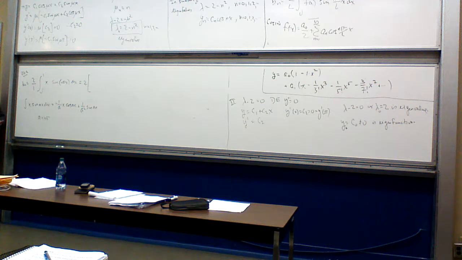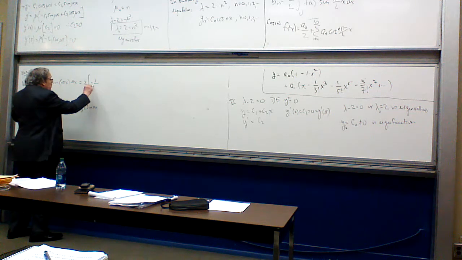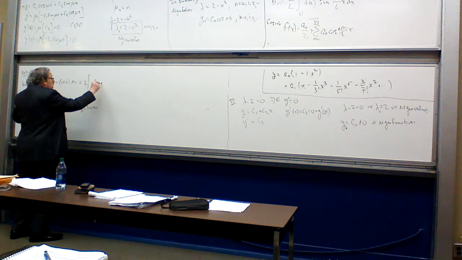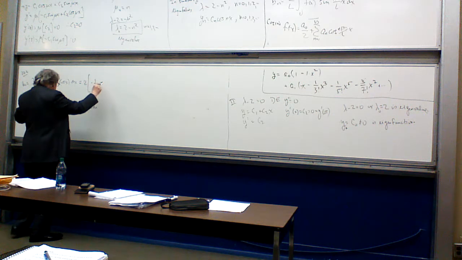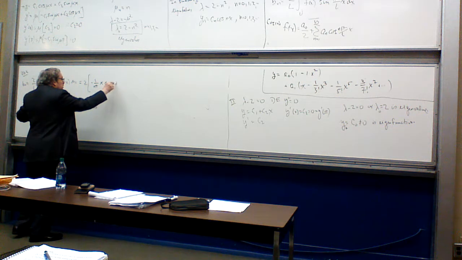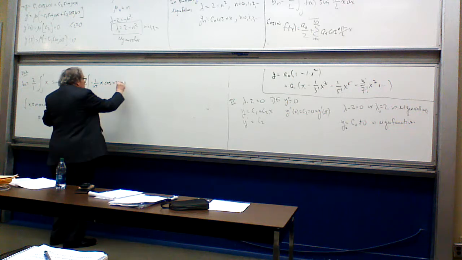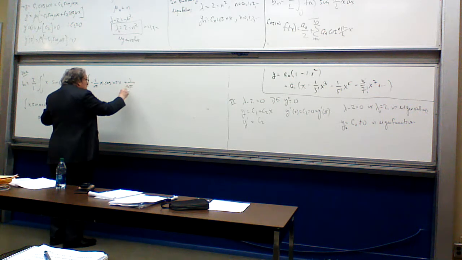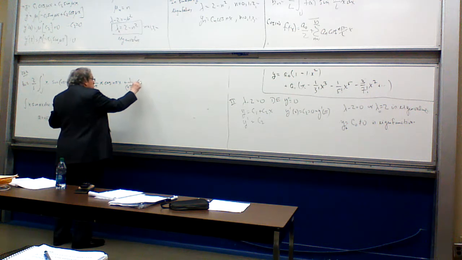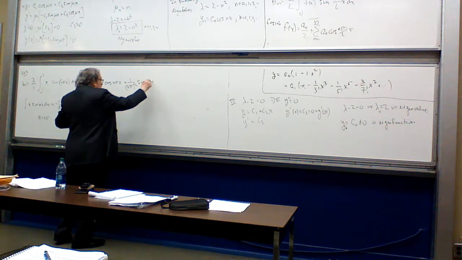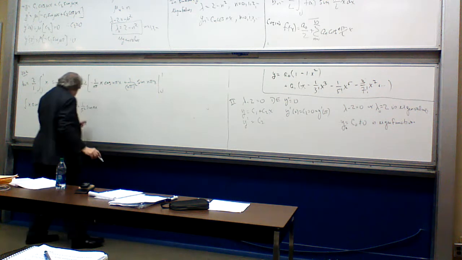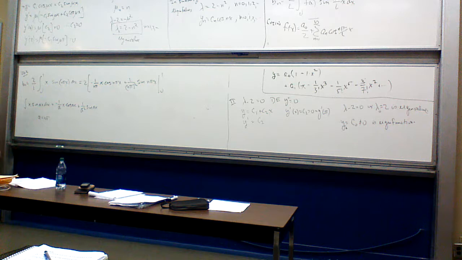A is n pi, just there inside the integral. So I have negative 1 over n pi x cosine n pi x plus 1 over n pi squared sine n pi x, integral from 0 to 1.